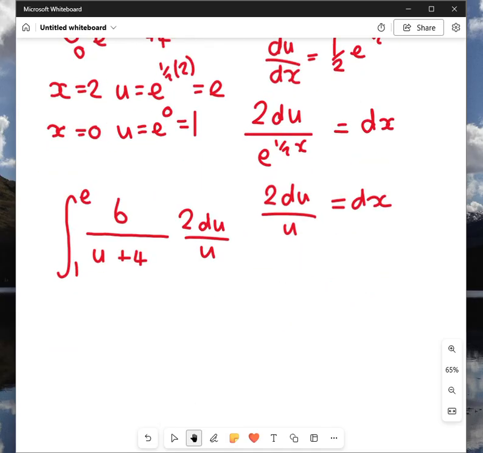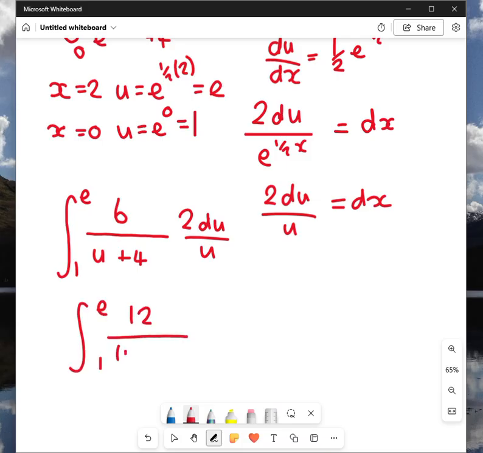Let's tidy that up. The 6 times the 2 makes 12. So we'll get 12 on top, and then we multiply the denominator by u. And that's all with respect to u.